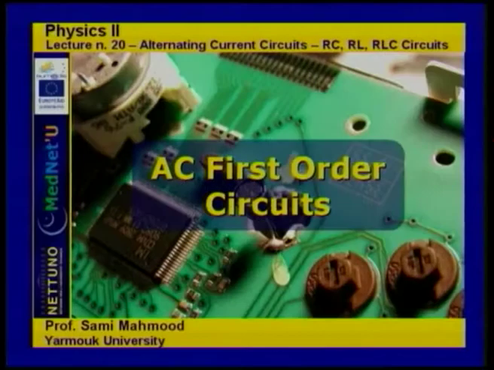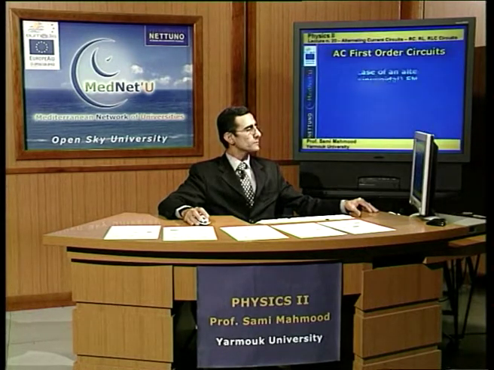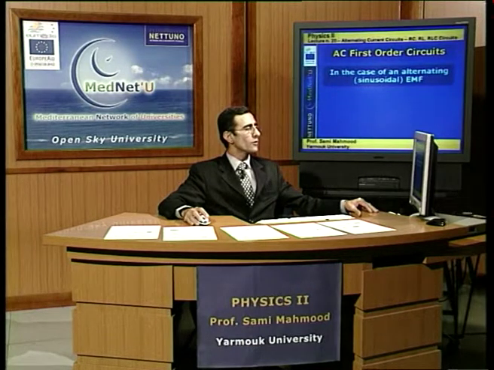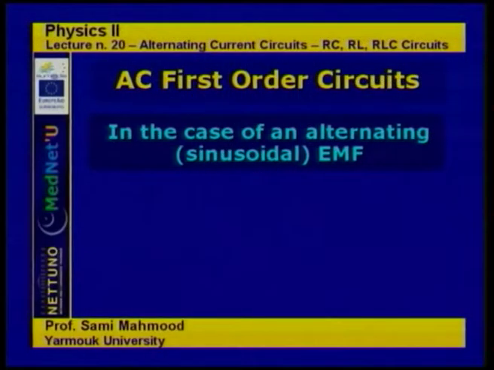Now let's go back to the AC first order circuits and the solutions that we have developed in the last lecture. We will start from that solution and start building on it and discussing the different cases of circuits and initial conditions. So in the case of an alternating sinusoidal electromotive force, previously in the last lecture we considered that the power supply has a constant electromotive force.